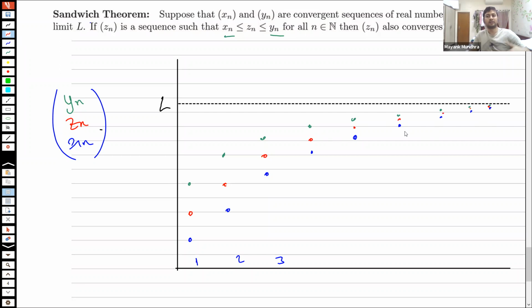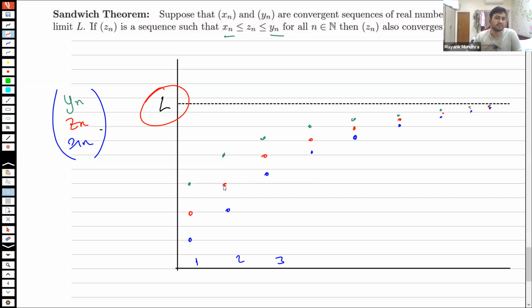Then the only possibility for this red sequence is that it should also have a limit at L. There's no other possibility. It is strictly sandwiched between the green and blue dots. So the red dots also have to go to L. So this is the sandwich theorem.